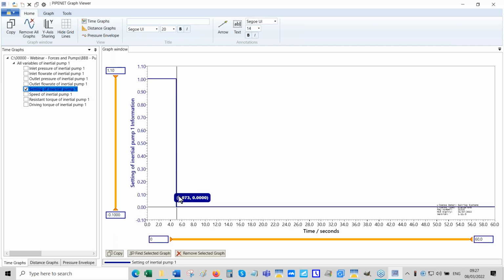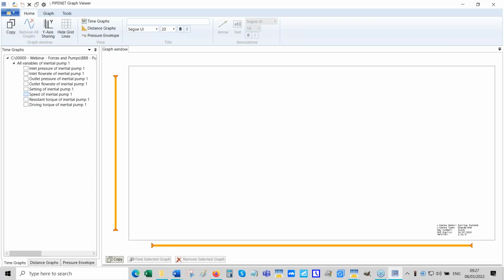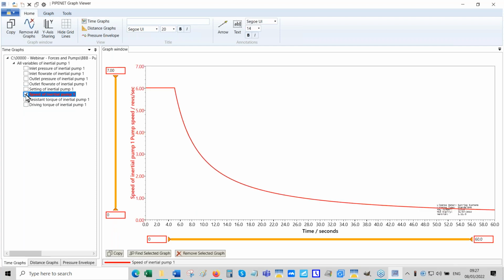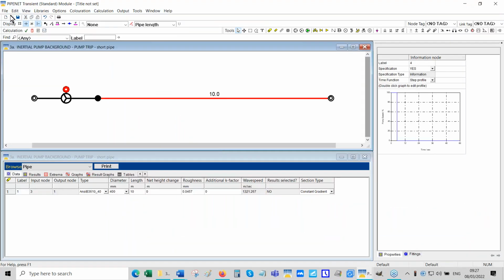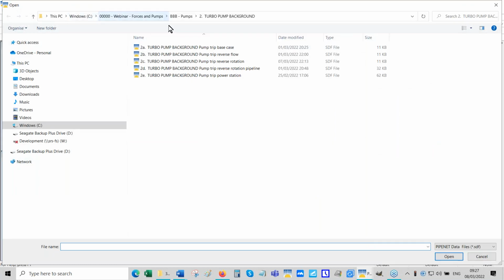If you look at that, that's a step function that I input. But that is not the speed of the inertial pump, because the inertial pump will spin down, and that is what we're calculating here. Okay, that's the inertial pump in the trip mode.